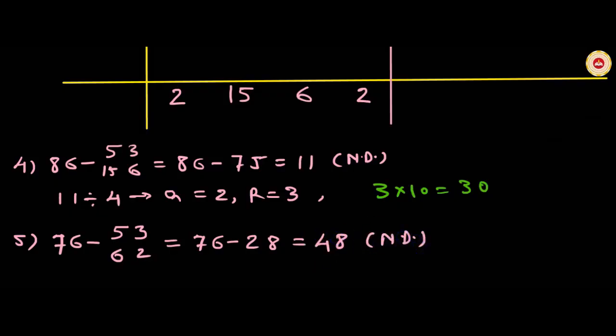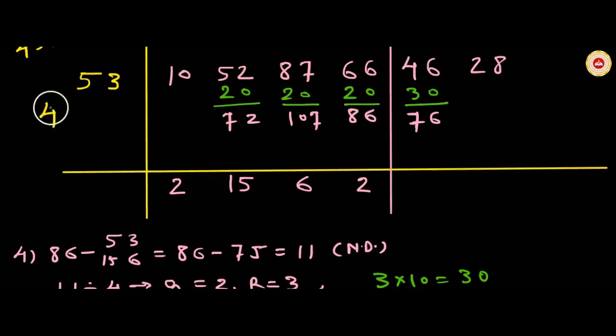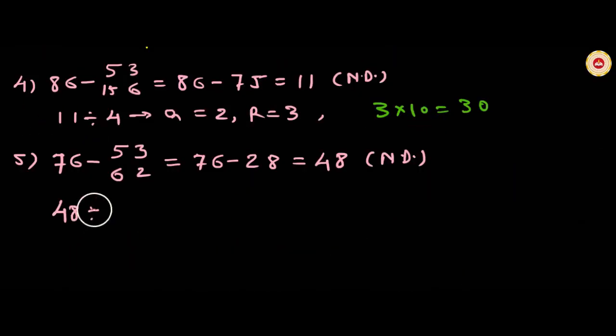So divide the net dividend 48 by the actual divisor 4. 12 fours are 48, so write quotient 12 and remainder 0. 48 minus 48 is 0. The quotient is 12 and the remainder is 0.